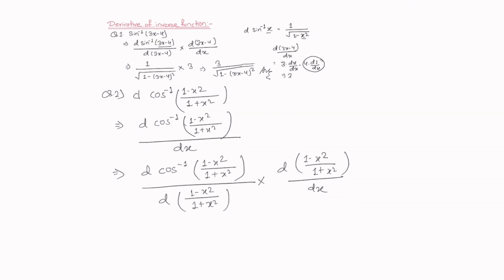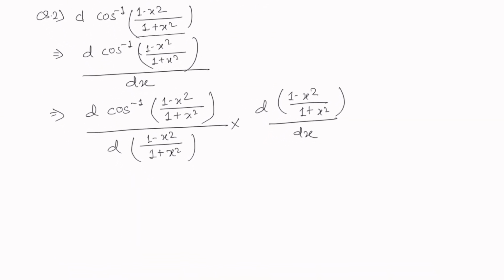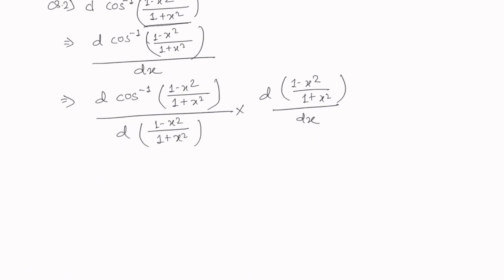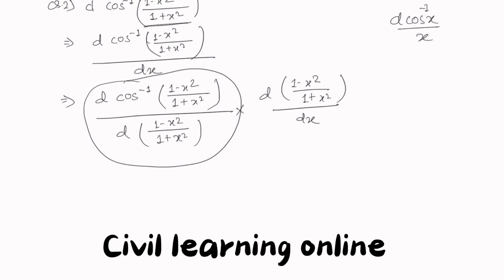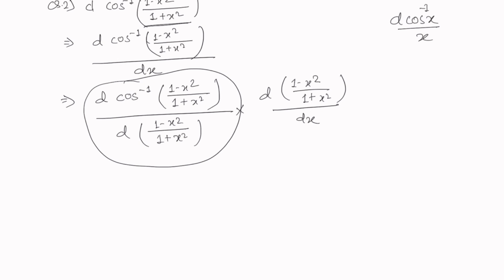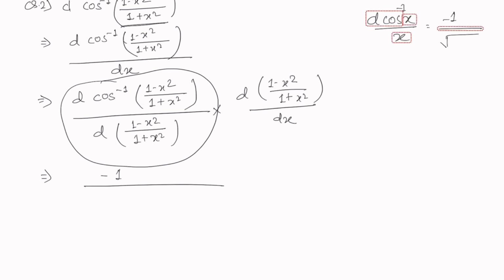We have to split this because here in place of x we have a larger term. So we split it so that it gets in the form of the derivative of cos inverse x with respect to x. We know that the derivative of cos inverse x with respect to x is minus 1 upon root under 1 minus x square.